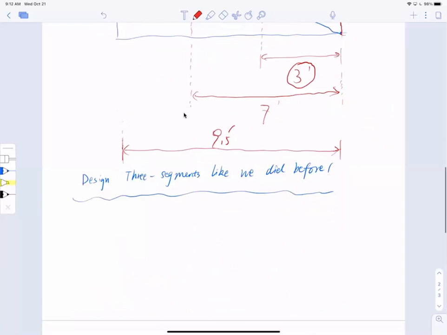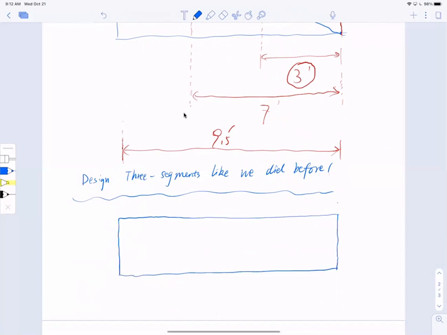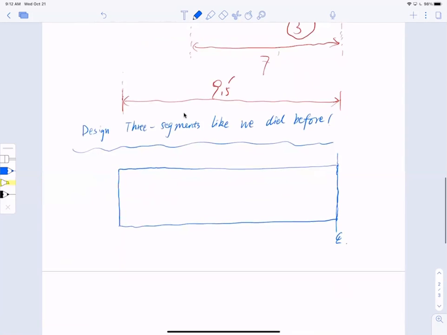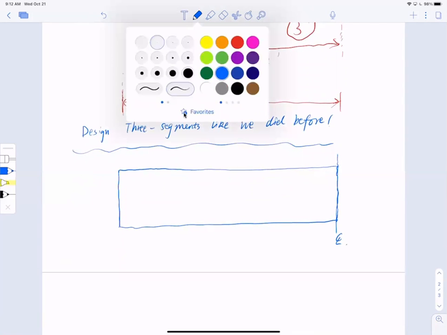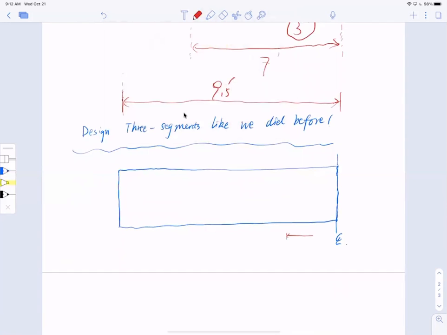This means if I draw the beam section again, remember this is half span, not the entire span. So I can divide it into segments. I have 3 feet distance away from here, and I call this zone 1. The next one is 7 feet, so 4 feet away from this end, and I call it zone 2.